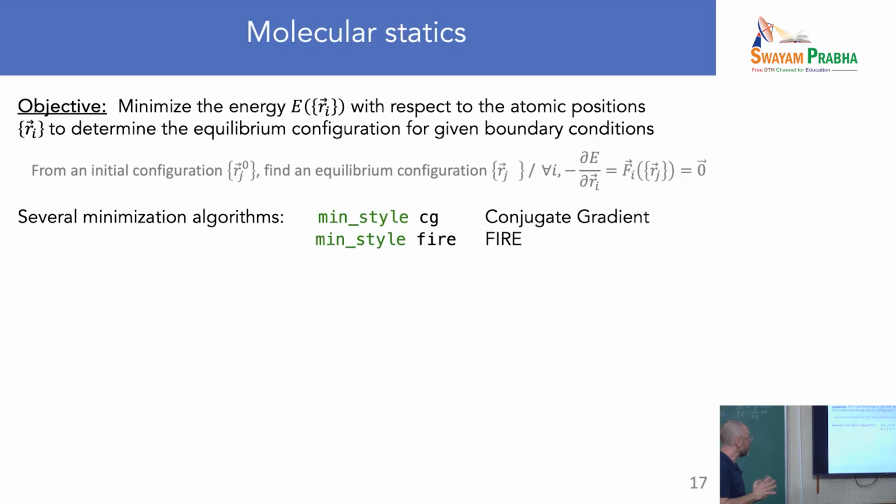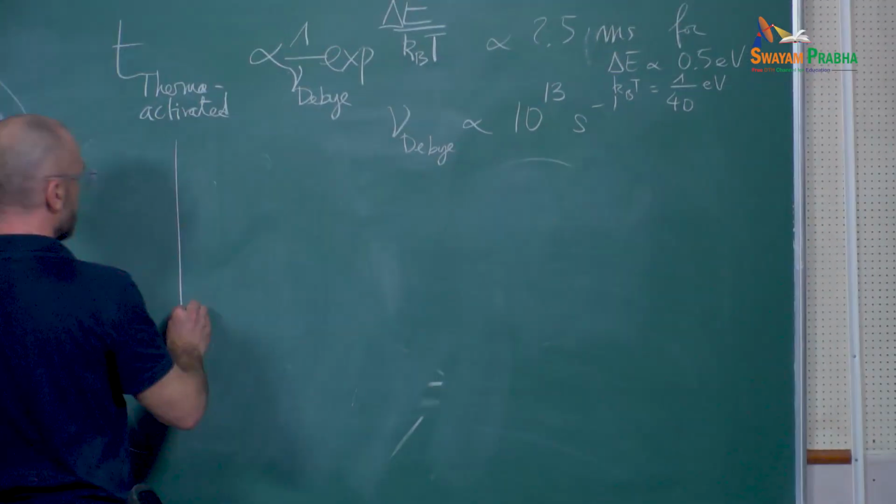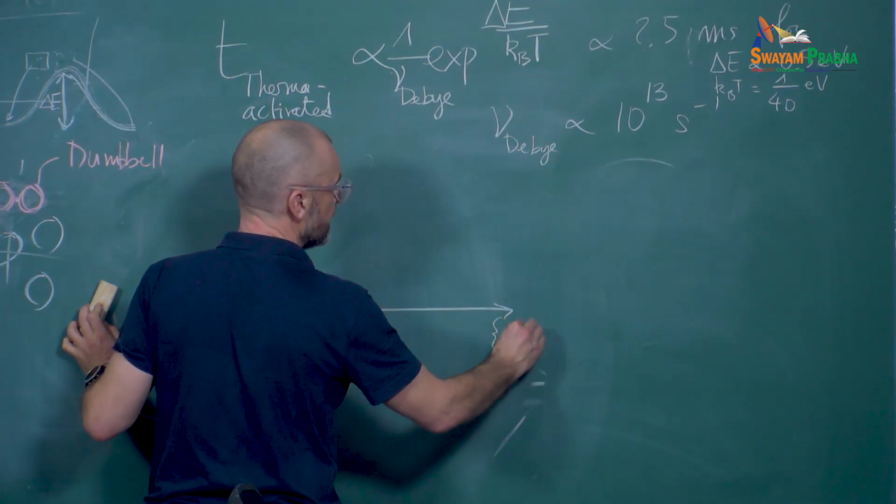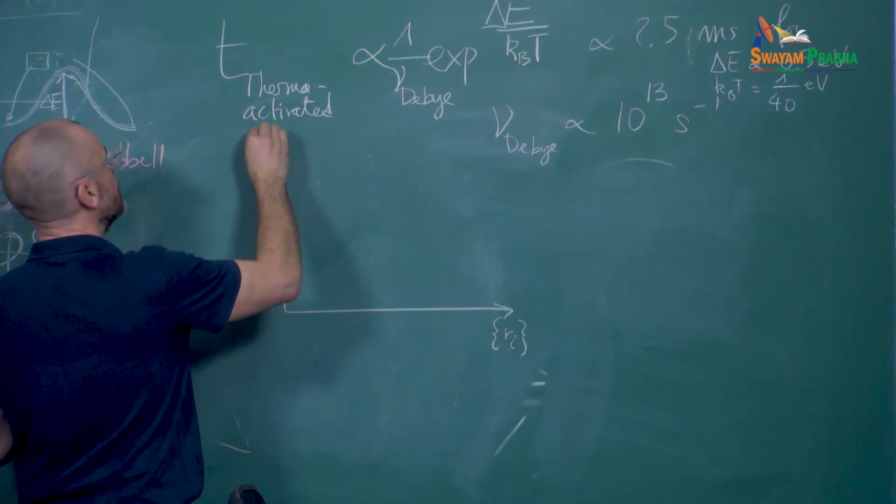And maybe worse, the algorithms that we use to minimize the energy. For example, in LAMMPS, there are two main algorithms. The one which is called the conjugate gradient algorithm and the other one, FIRE. They will give you only the closest energy minimum from your initial configuration. So if I draw here, schematically, this would be the position of the atoms, and this would be the energy.